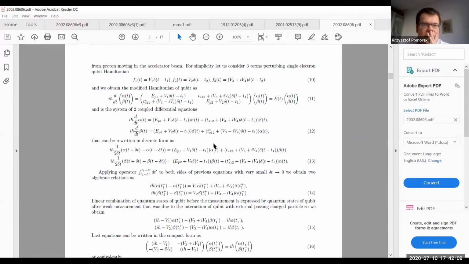In general circumstances, this is described by equation 11, in which the system evolves with time. There is an assumption that at time t1 there is an appearance of an external electron or charge that is affecting the state of the qubit. So the system is subjected to some kicks. This is like Brownian motion, and these kicks can reproduce a kind of Brownian-like motion, but for the quantum case.